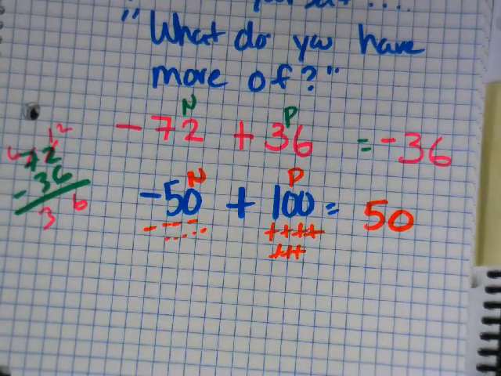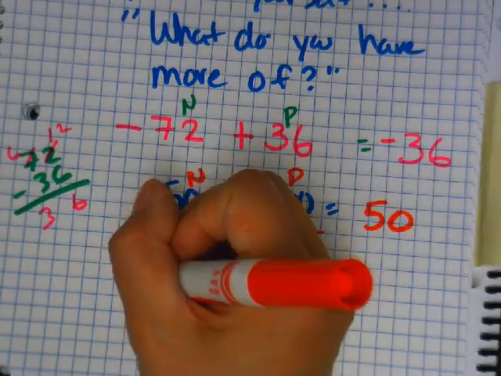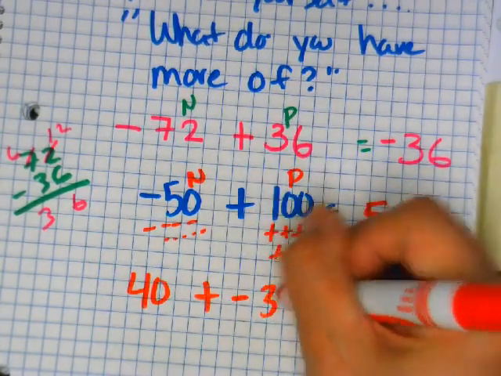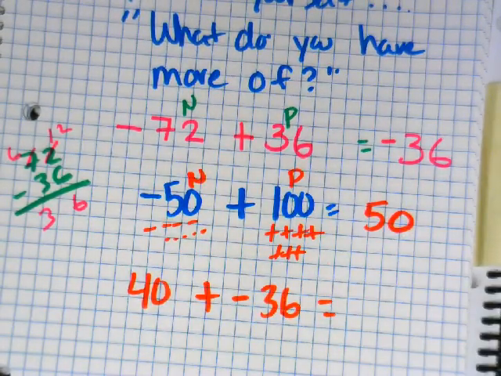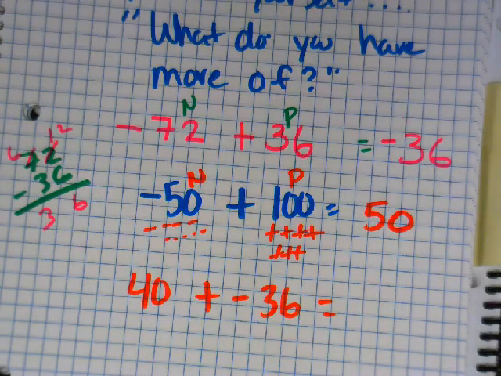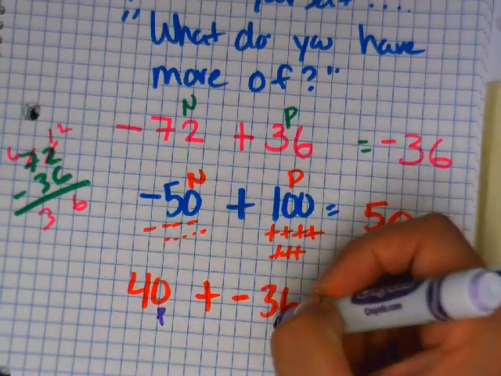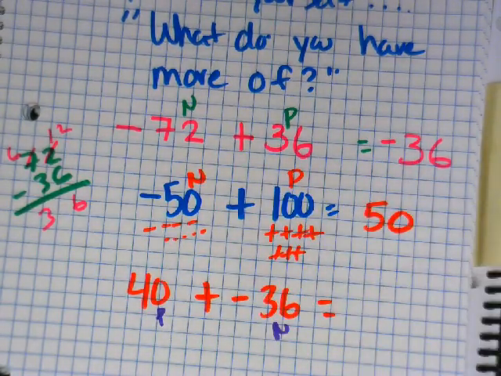All right, what is 40 plus negative 36? Positive or negative? Positive. You can look at them and go, okay, this is a positive and this is a negative, so I'm going to subtract.